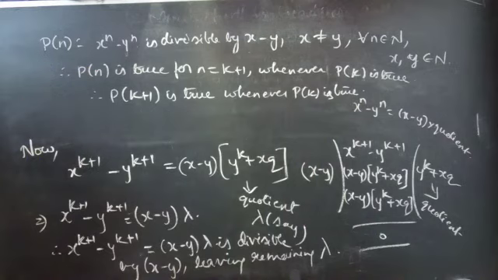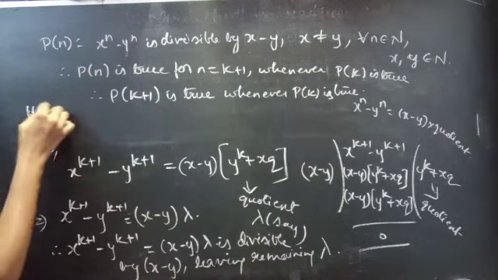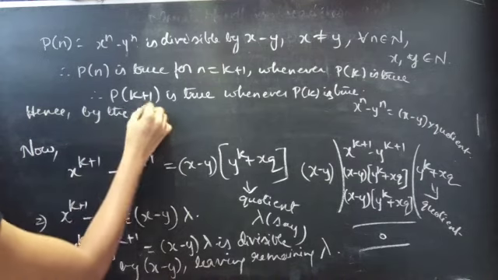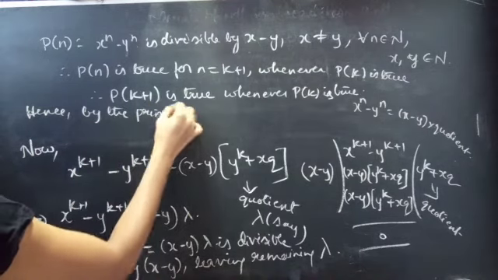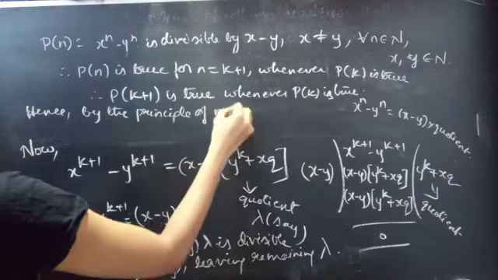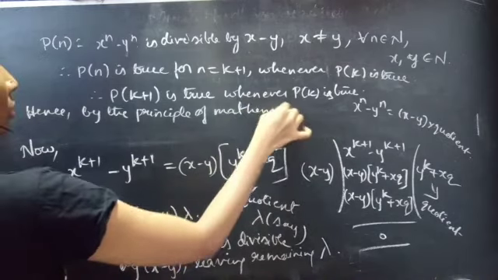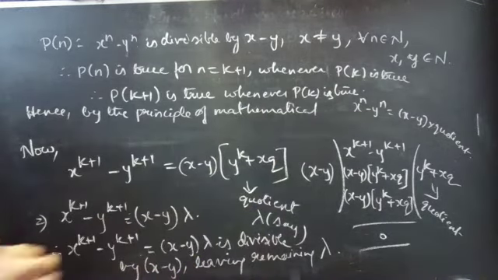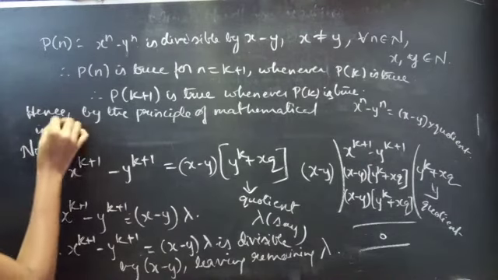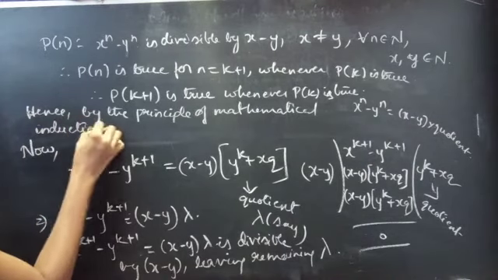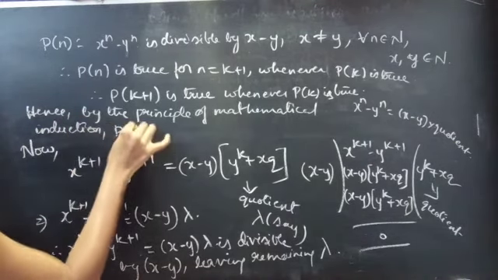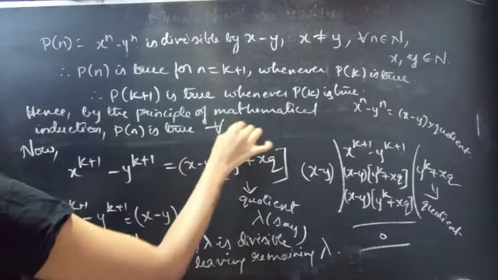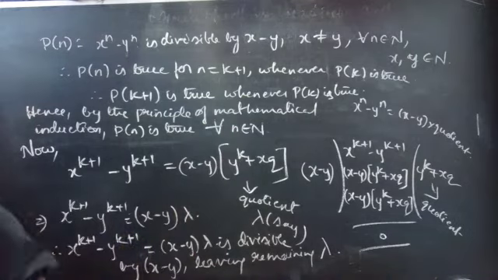So from this we can say that hence by the principle of mathematical induction, P of n is true for all n belongs to natural numbers.